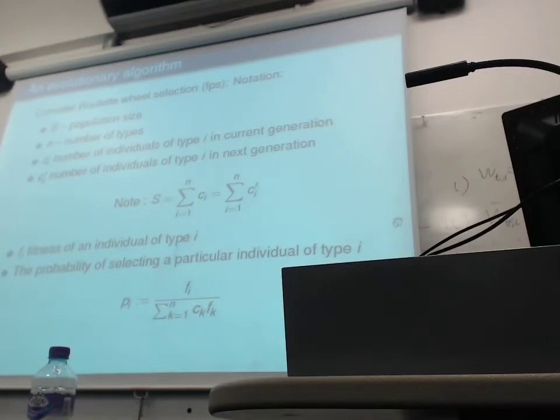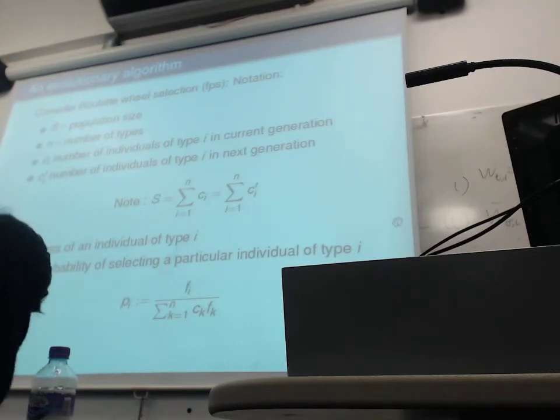So here's some notation. We're going to do roulette wheel selection. S will be our population size. N will be the number of types of individuals in our population. So imagine if you had a bit string, length k, for instance, then you would have 2 to the k types of individuals in your population. Okay, so S is the population size, N is the number of types of individuals.